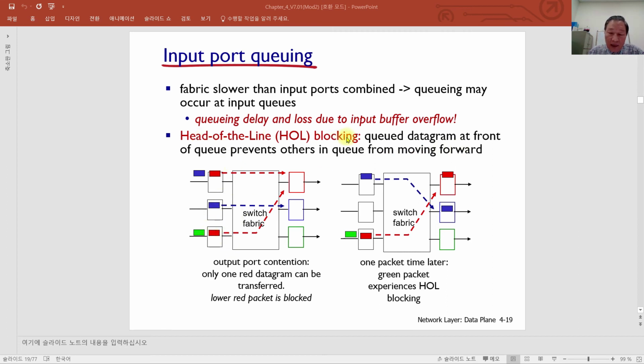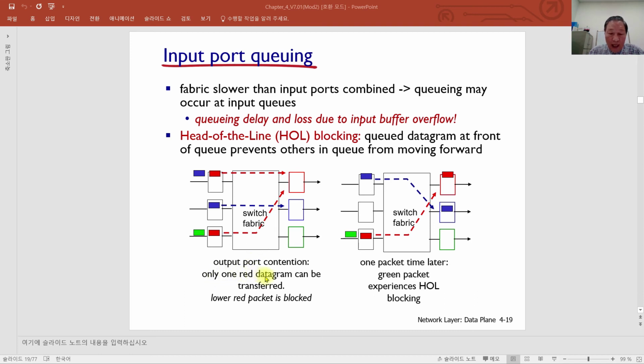Even though that may seem a little bit complicated, it is conceptually very simple. Okay, think about this case: output port contention. They should go through this switching fabric, and they are both going to this output port and link.